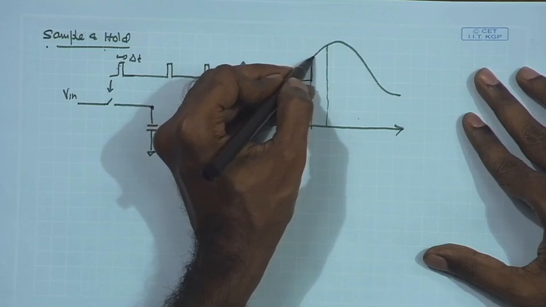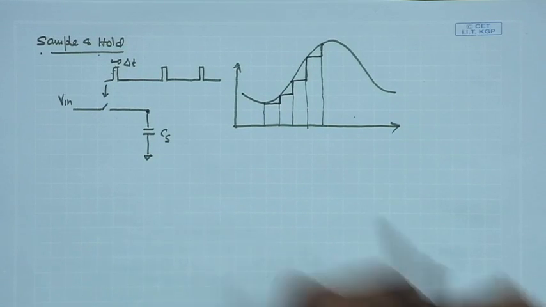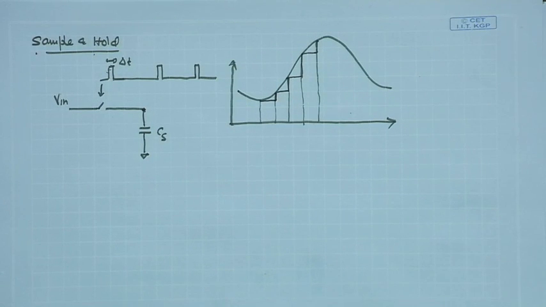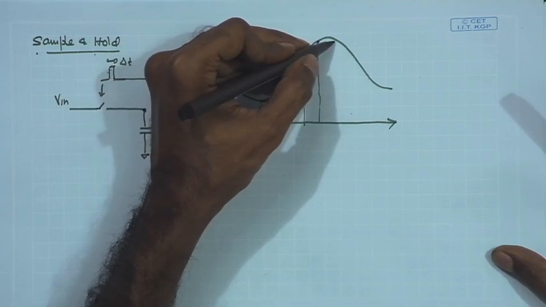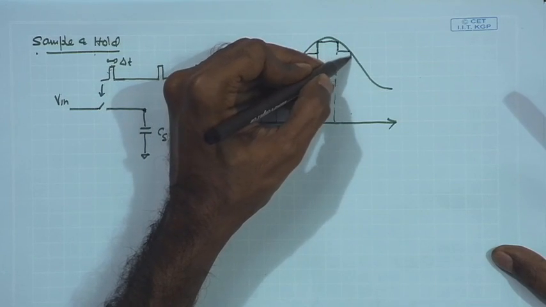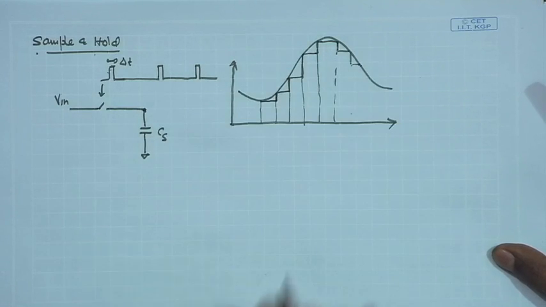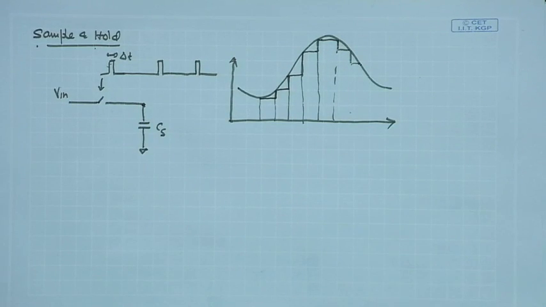So, this will be something like close to true sample and hold. And so on. So, this is the output waveform, the staircase waveform that we are going to get at the Cs.